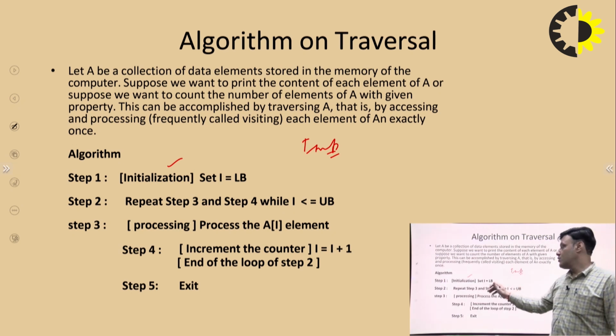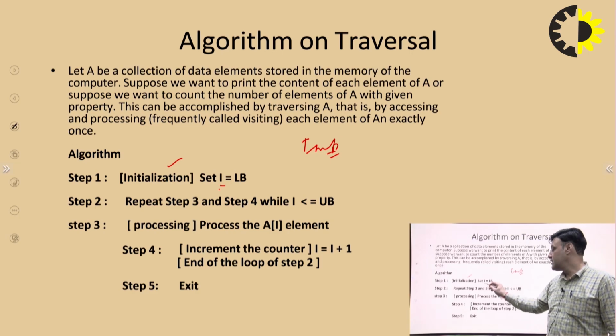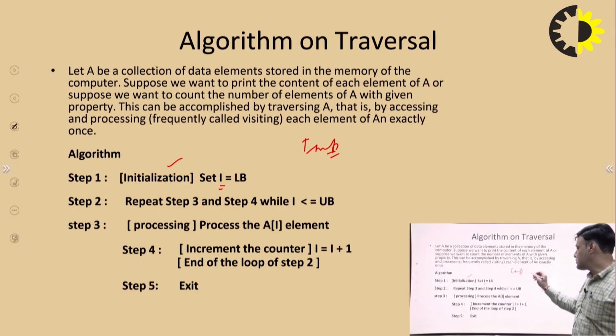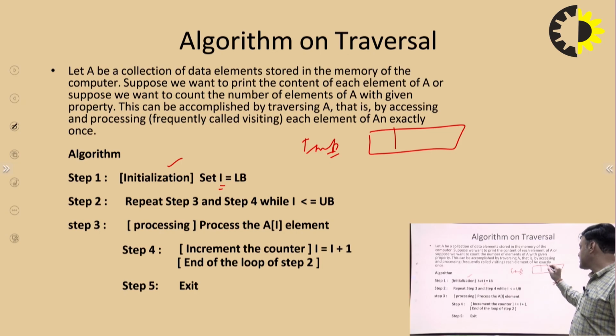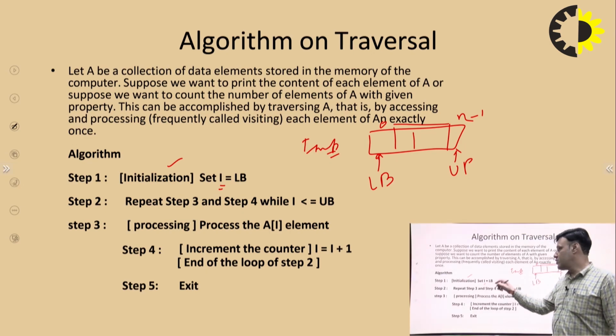Okay? So firstly, initialization. Initialization means we are going to initialize the index by the lower bound, because we know that in an array, the starting 0th index position is called the lower bound, and the upper limit, the size 0 to n, that is called the upper bound, 0 to n minus 1. Okay, upper bound. Okay, so i is equal to LB.